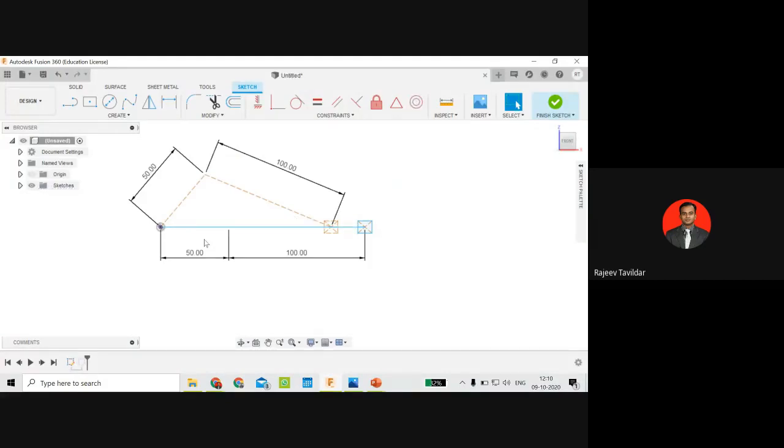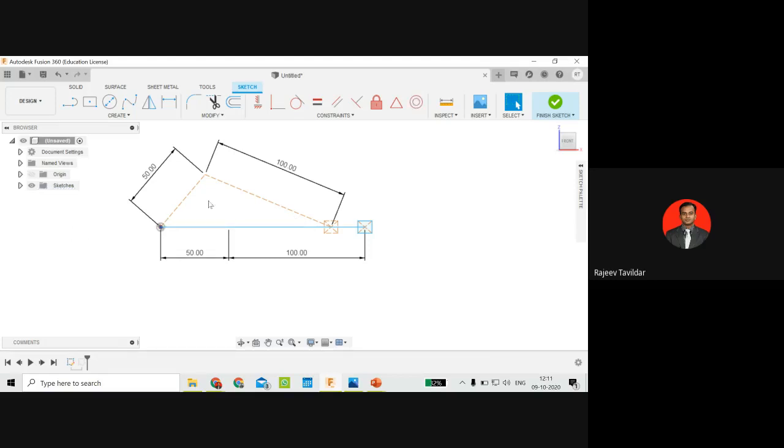Now I want to see how the mechanism will look when the slider comes towards the extreme left position. So when will the slider come towards the extreme left position? When this crank rotates anti-clockwise or clockwise by 180 degrees and comes towards the other side. At that time, the slider will move towards the extreme left side.